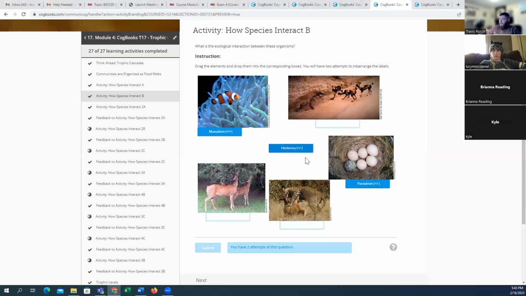That's parasitism. And then what's the difference between herbivory and predation? Like why are these pictures both not predation? I think it's the food source. Usually if the food source is like a plant of some type, it's considered herbivory.